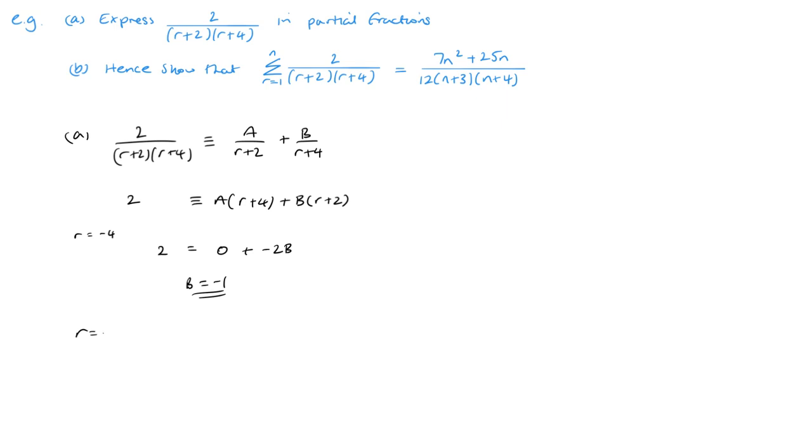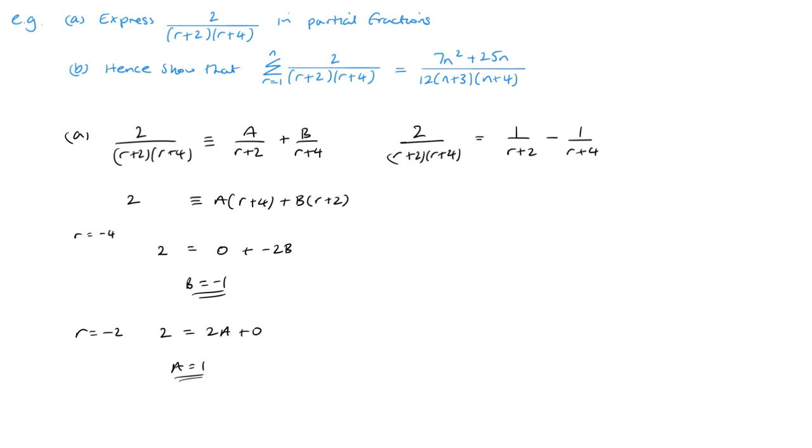And when r equals minus 2, we get 2 is equal to 2a plus 0, so a equals 1. So as a partial fraction, we've got 2 over (r plus 2)(r plus 4) is equal to 1 over r plus 2 minus 1 over r plus 4.